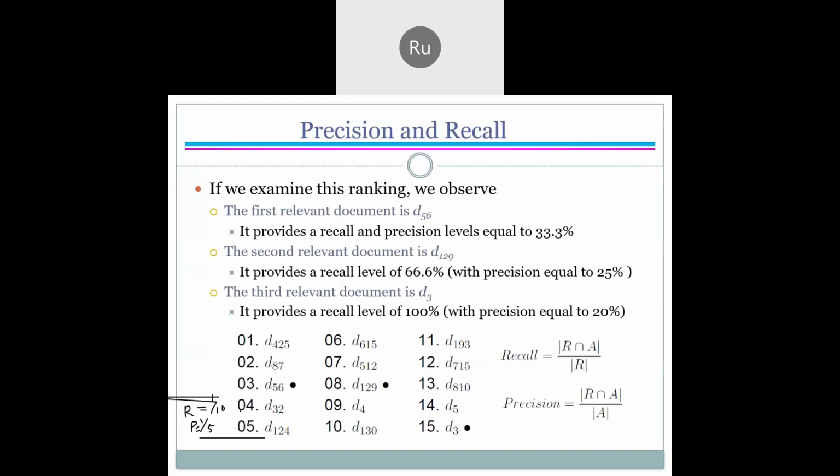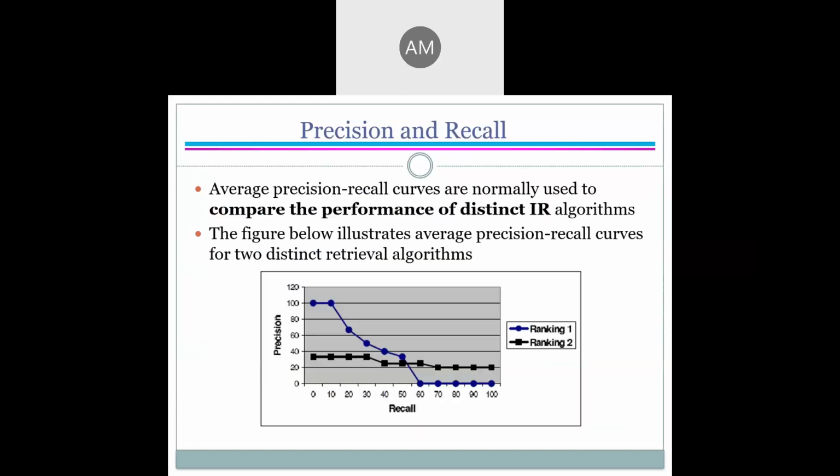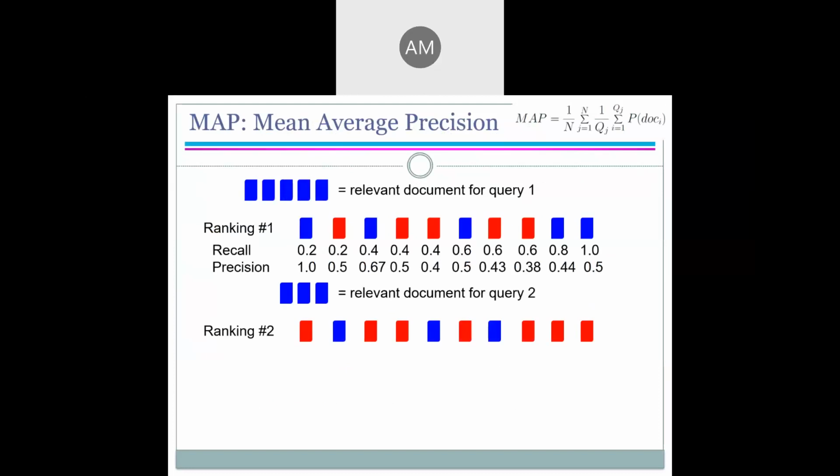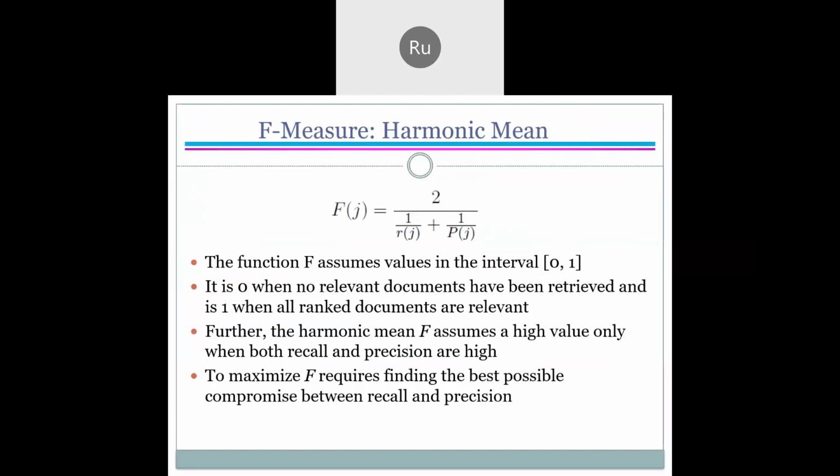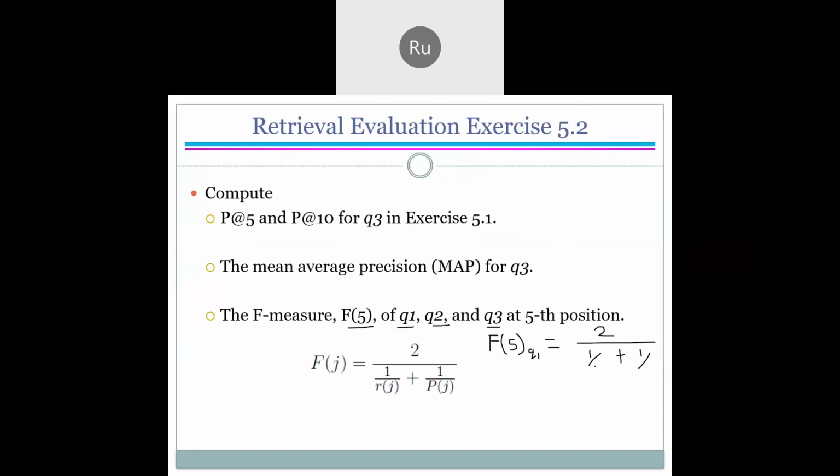So recall 1 over 10 and precision is 1 over 5, which is 0.2.